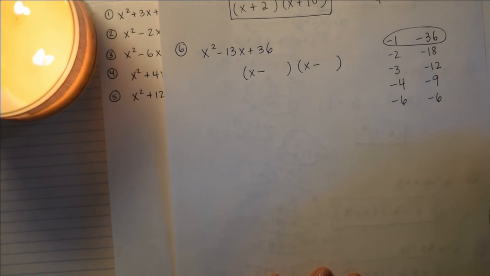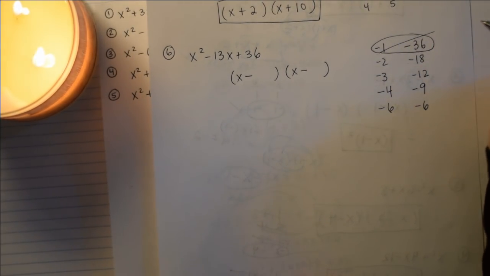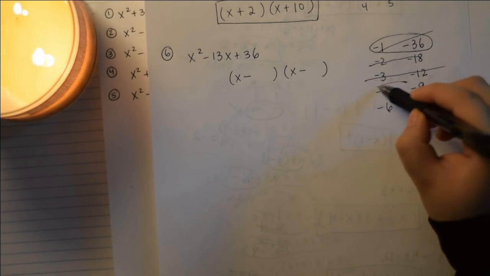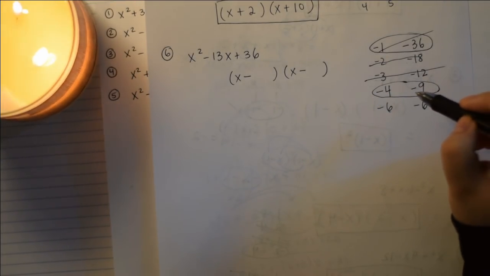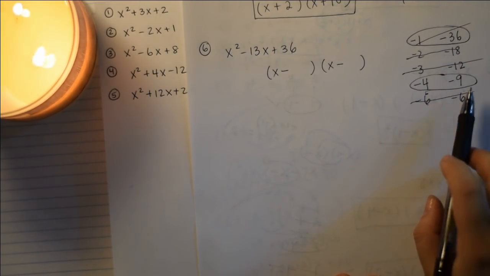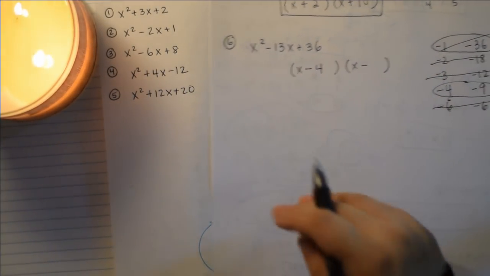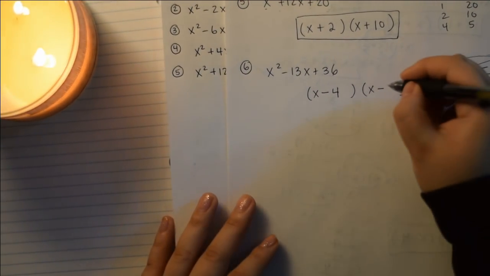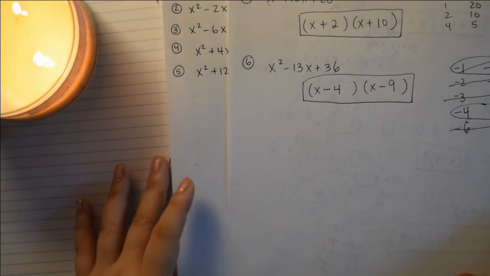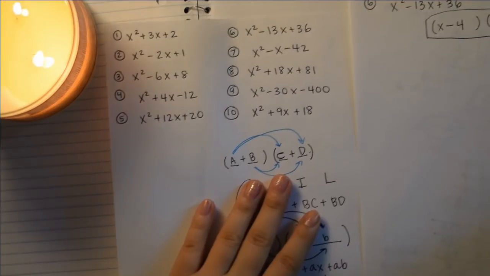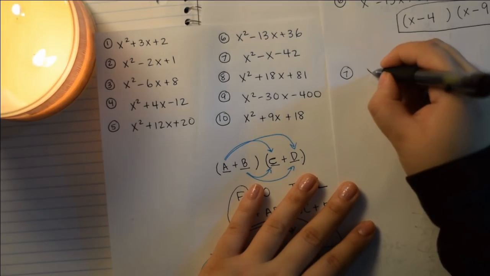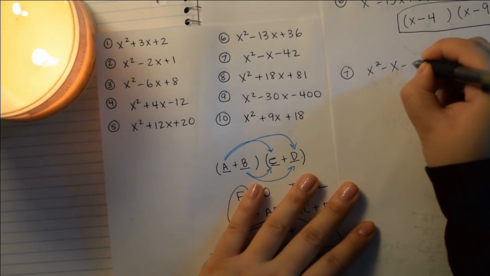Negative 1 minus 36 is negative 37, so nope. This is negative 20, so nope. Negative 15, so nope. I like this, negative 13, so that's good. And then that's negative 12, so nope. So just this. So minus 4 and minus 9. Very good. Nice job.